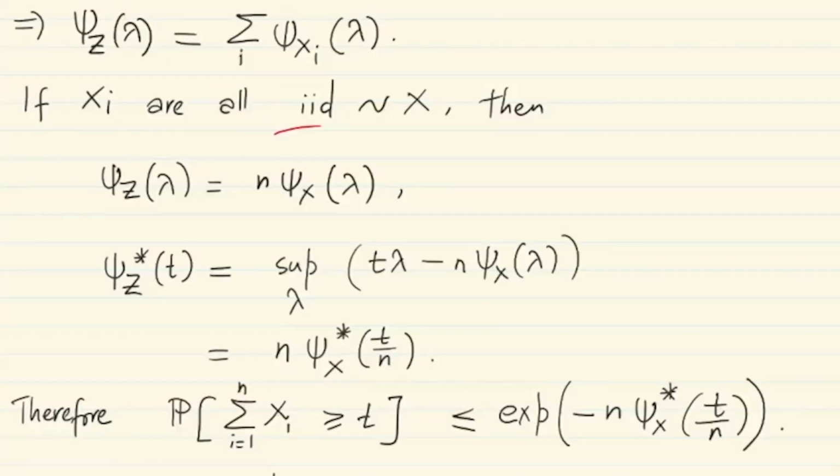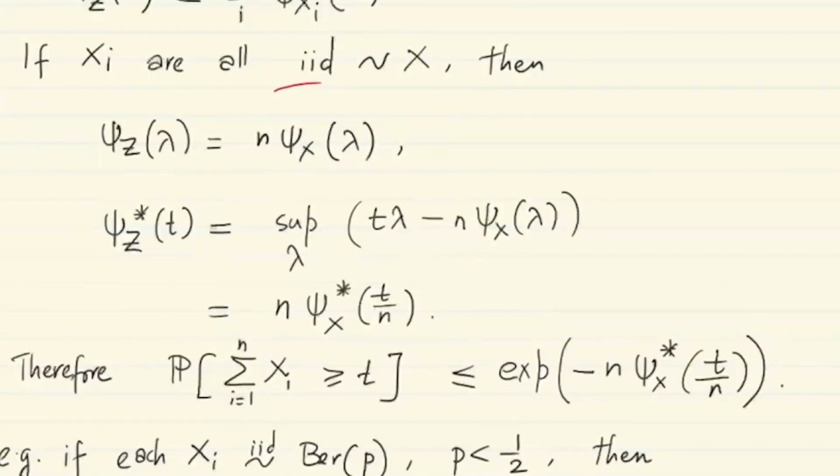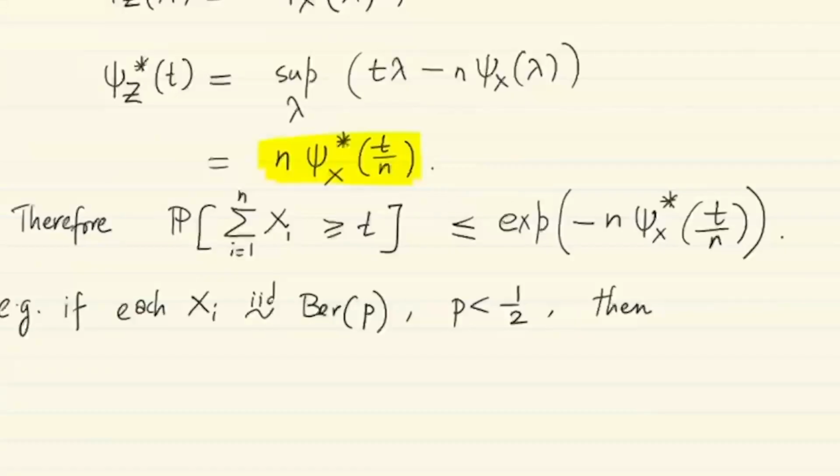And moreover, now if all the xi's are also identically distributed in addition to being independent, then this Cz of lambda just becomes n times Cx of lambda, and consequently the Cramér transform Cz star of t just ends up being n times the Cramér transform of each random variable evaluated at t over n. Okay, this is just by algebra and using the definition of the Cramér transform.